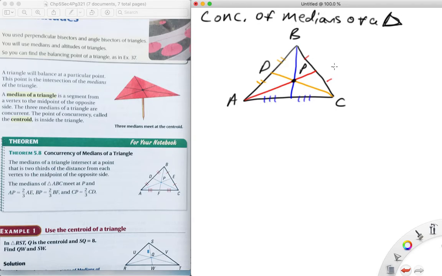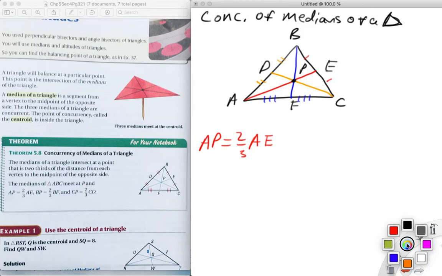D, E, and F. So if I was looking at AP, so from the centroid, or the point of concurrency, to the vertex. So this is AP. That would equal 2/3 the distance of the whole entire median segment AE.